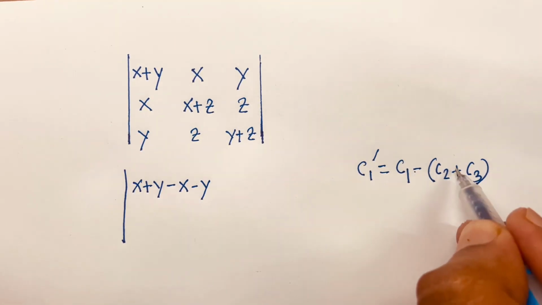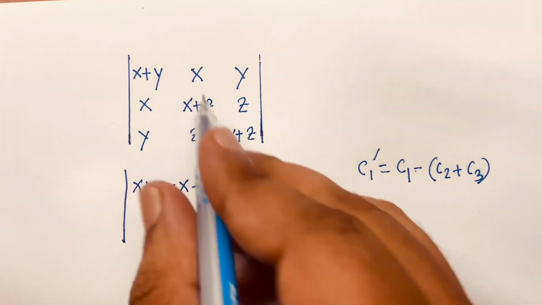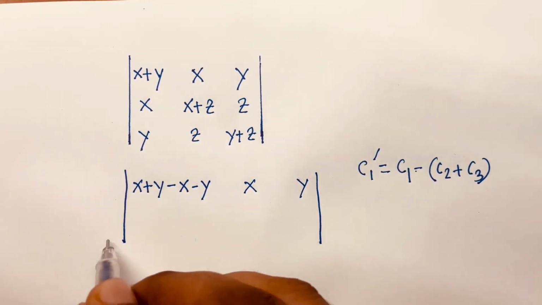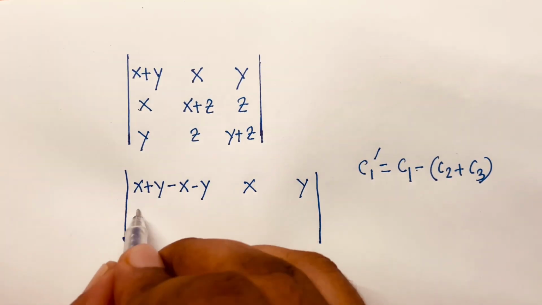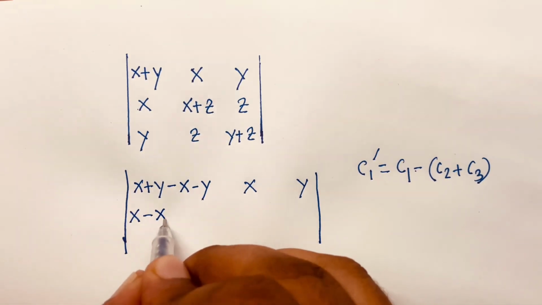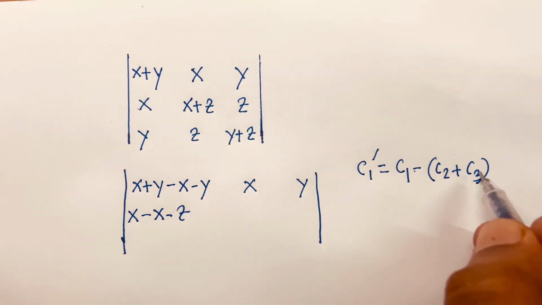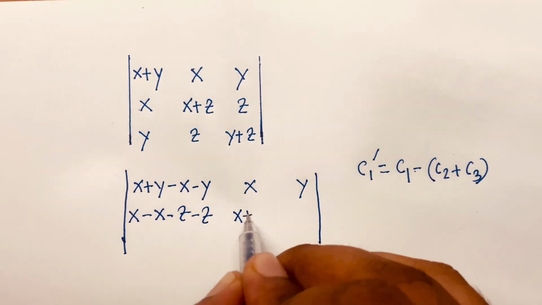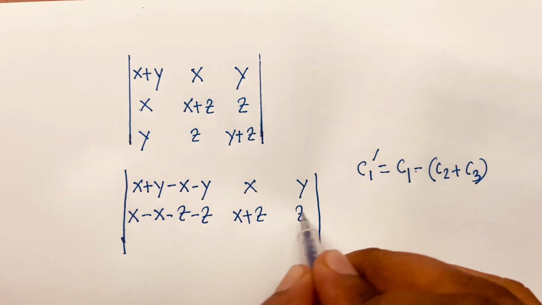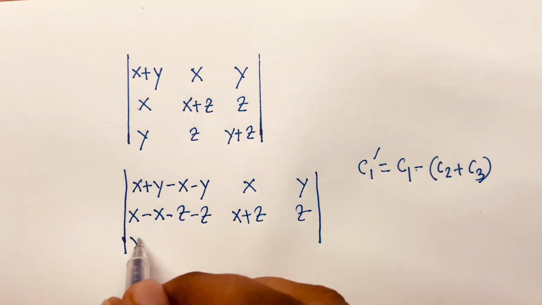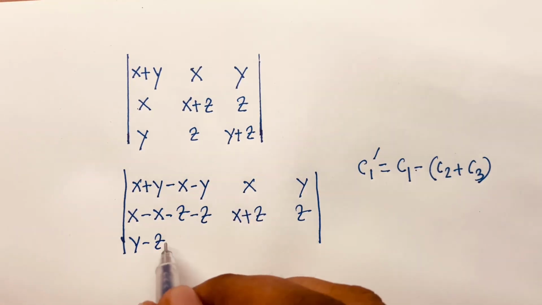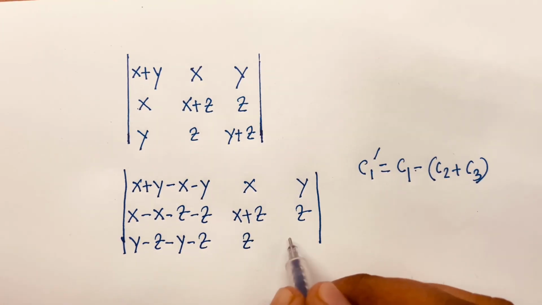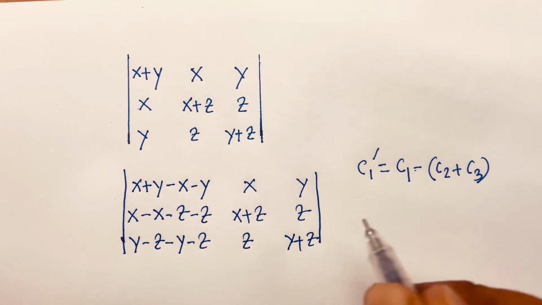Because of that plus minus it will be minus, and here is x and this is y, and again here is x minus z, and plus minus it will be minus z, and here is x plus z, and here is z, and again I can say here is y minus z, here is minus y minus z, and it will be z, and it will be y plus z.